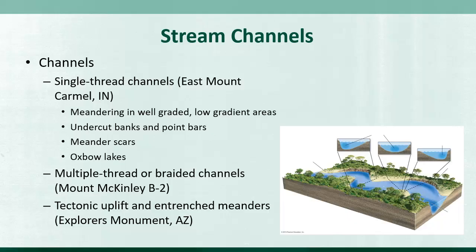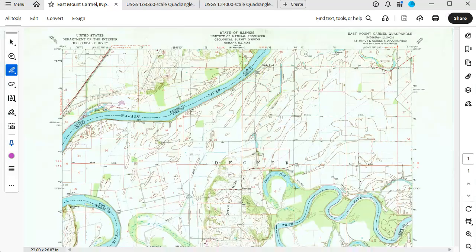And as they do that, meandering, they cut into bank areas and they deposit small little bars as well. They get to the point where eventually the meanders become so large that they begin to cut off their own meanders, creating what are called meander scars and oxbow lakes. The best way to understand this is actually to take a look at some pictures of this.